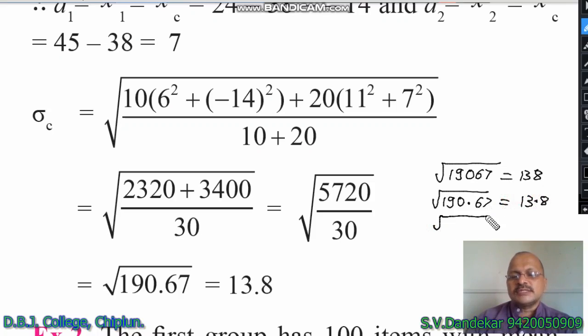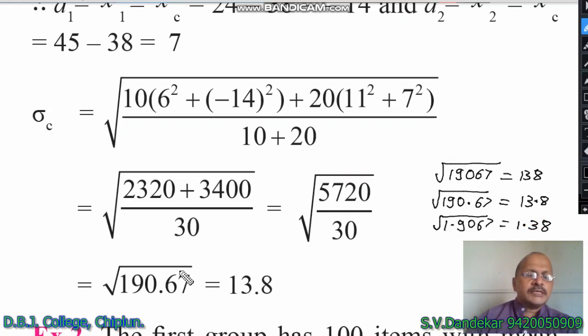So using the same, 1.9067, here I have shifted the decimal towards left 4 places. So after finding the square root, this decimal is shifted 2 places. So 1.38 is the square root of 1.9067.